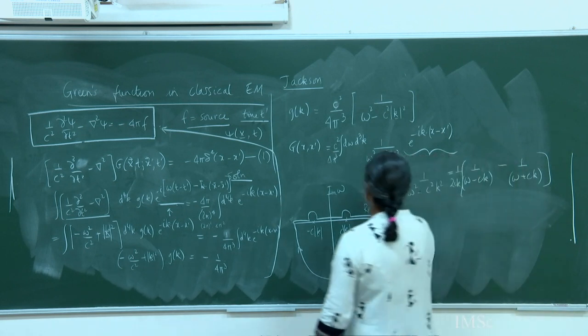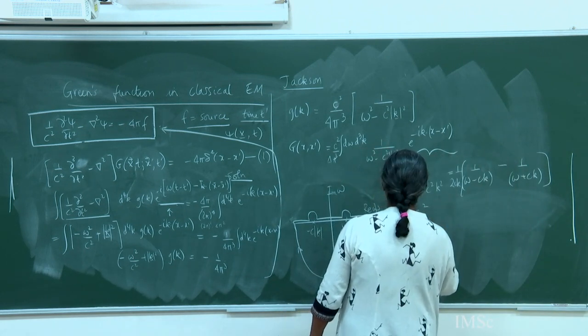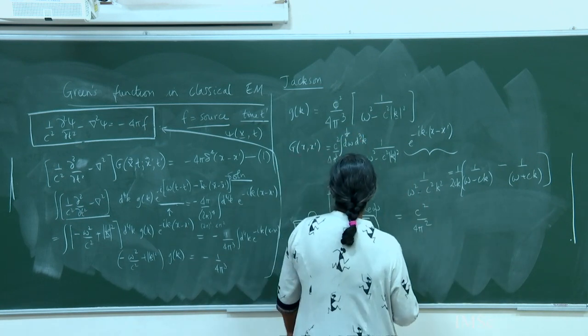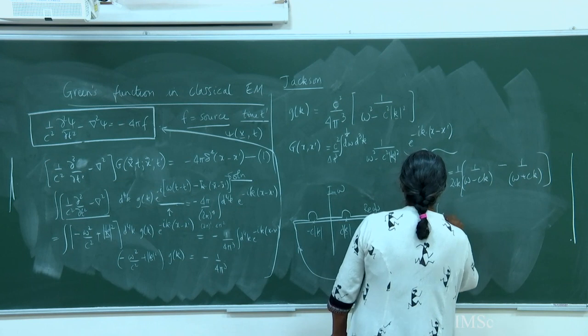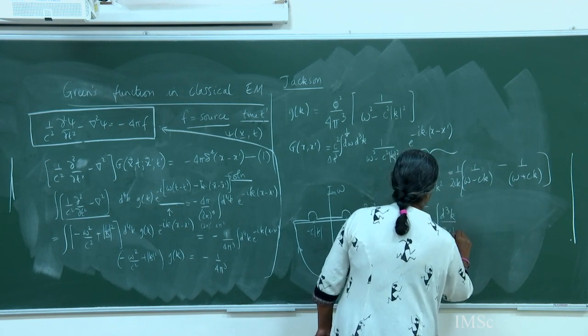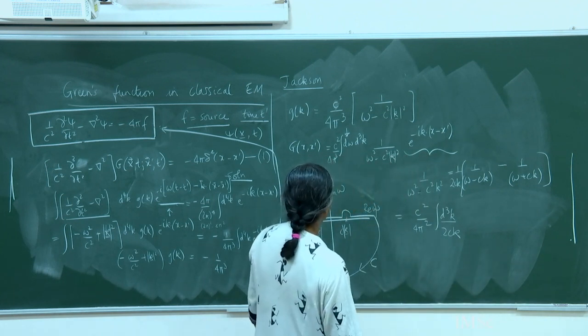So what will be the solution for this? g will be c squared. I'm just going to do the d omega integration for now. So let me write it as d cubed k, and then I have a 2ck.